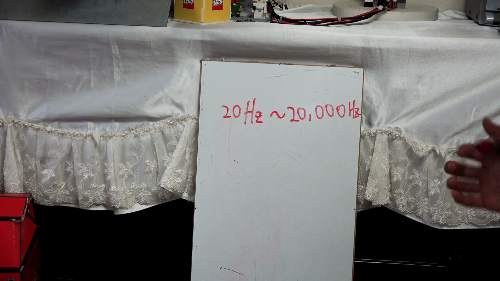So we have to change this speed from meter per second to centimeter per microsecond. There is a unit that 1 second equals 1000 millisecond, and it equals 1 million microsecond.